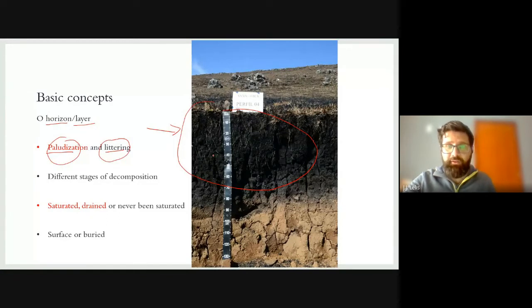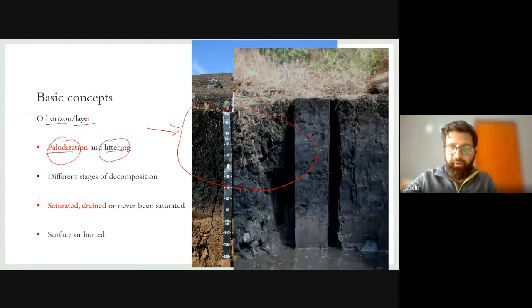And according to the WRB, paludization does not produce O horizons, but produces H horizons, which are organic horizons or organic layers that are formed in flooded areas.